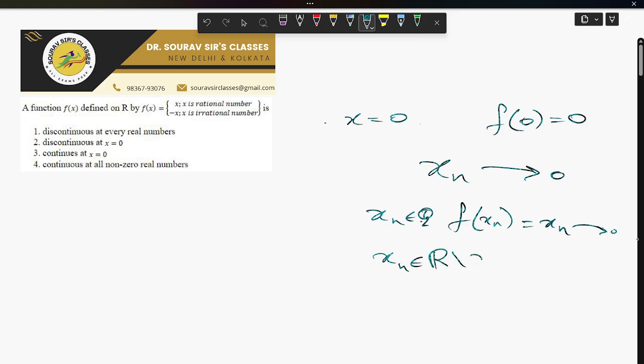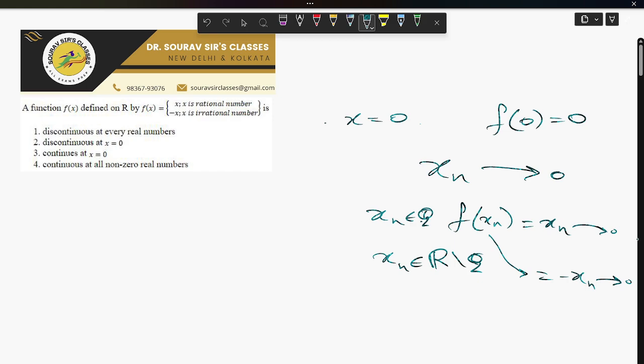And if xn belongs to R minus Q, that means xn is irrational, then f(xn) equals minus xn, and that will also go to 0. So we can easily say that f(x) is continuous at x equals 0.